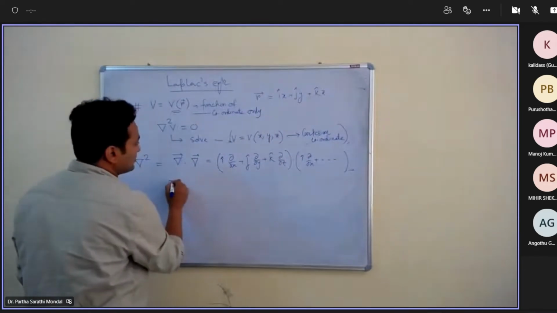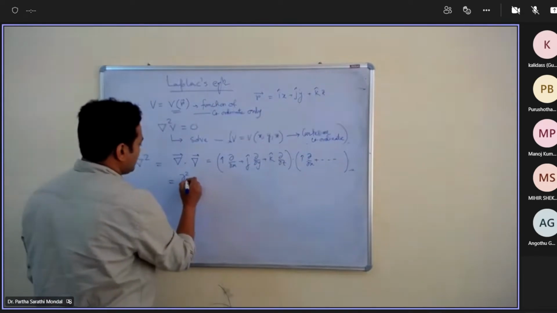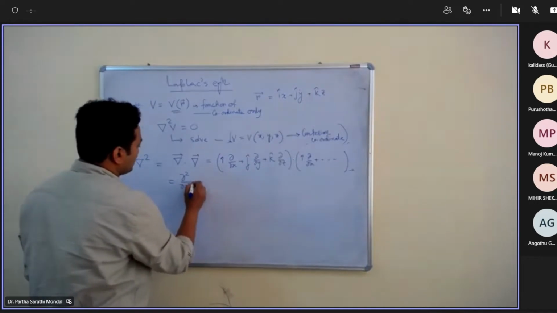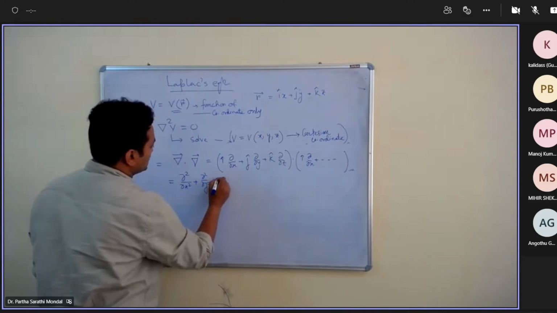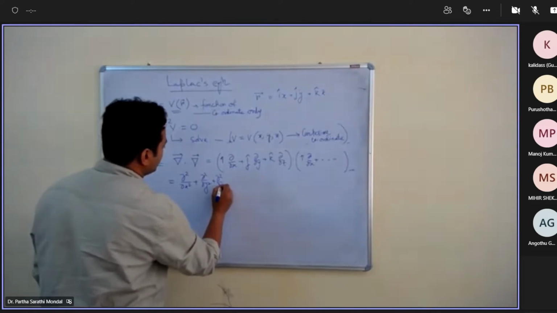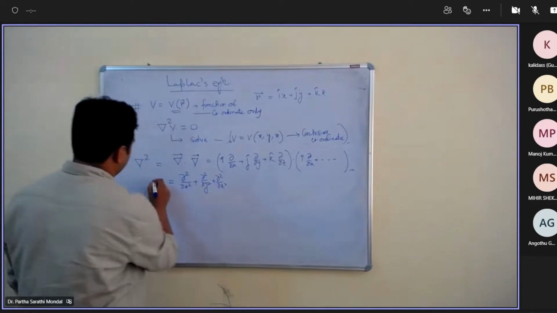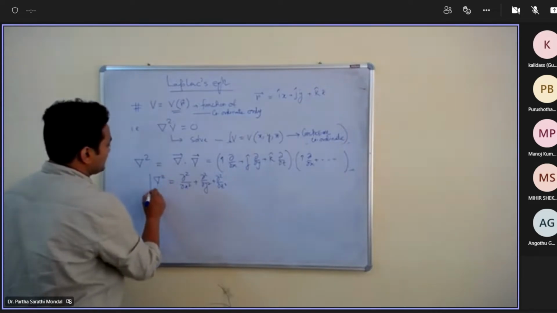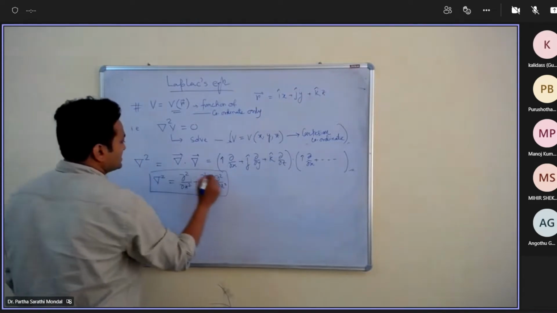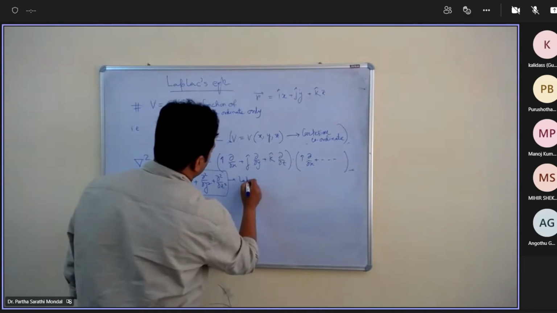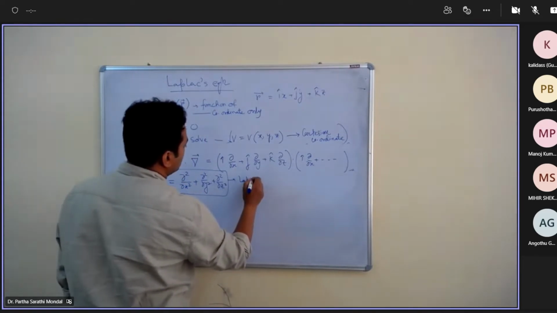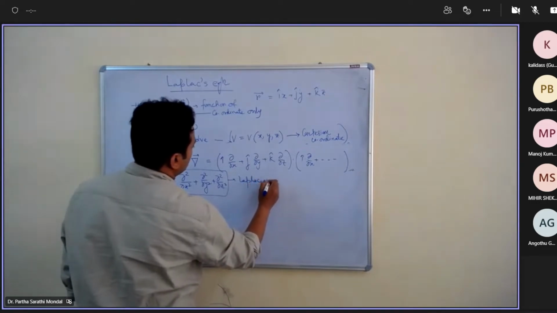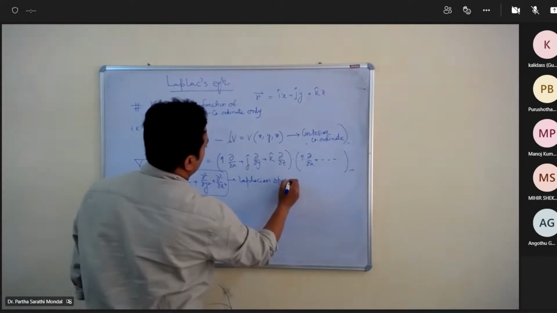If I do so, you will get del square/del x square plus del square/del y square plus del square/del z square. So this is your del square operator, we call it the Laplacian operator.